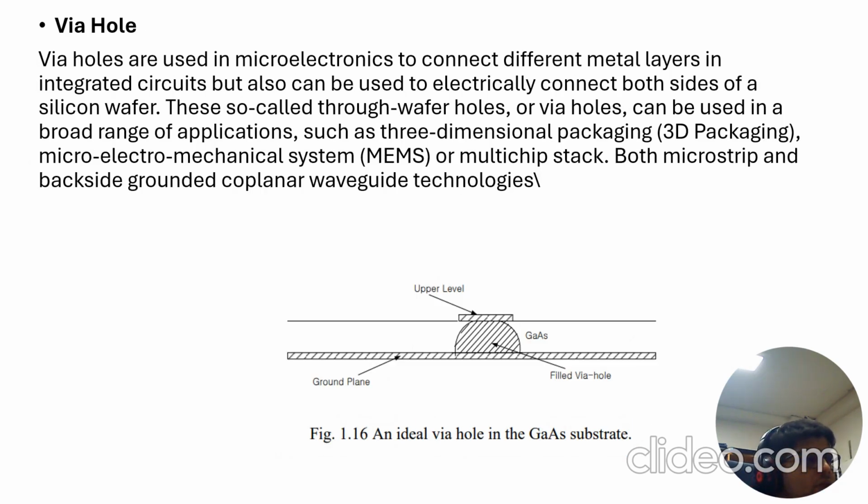And also another one, vias, are used in microelectronics to connect different materials in integrated circuits, but can also be used to electrically connect both sides of a silicon wafer.